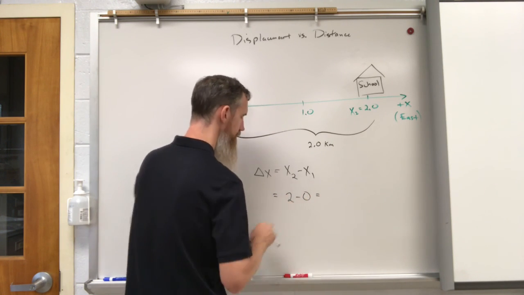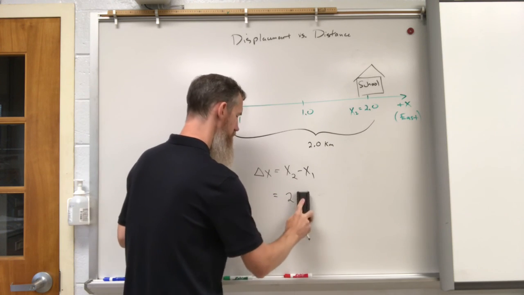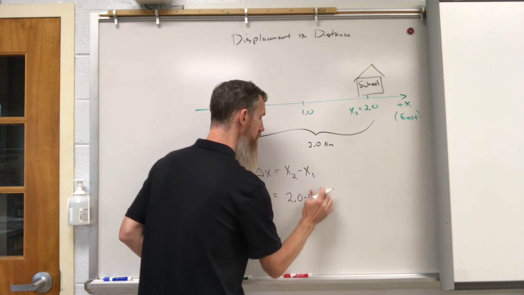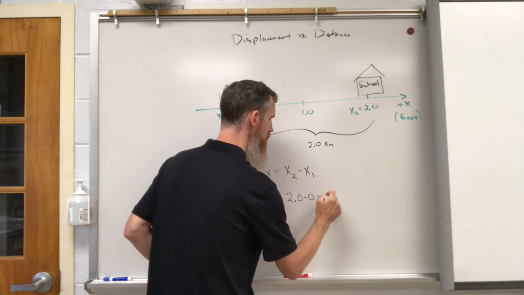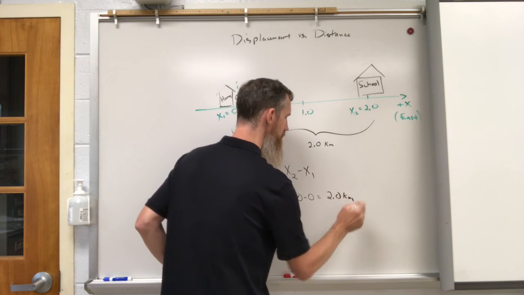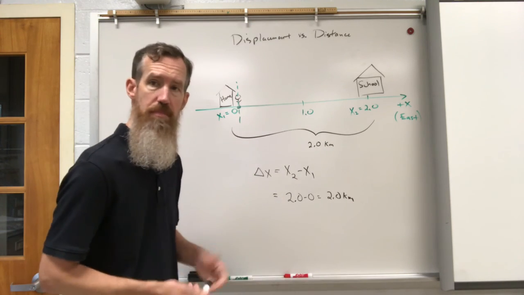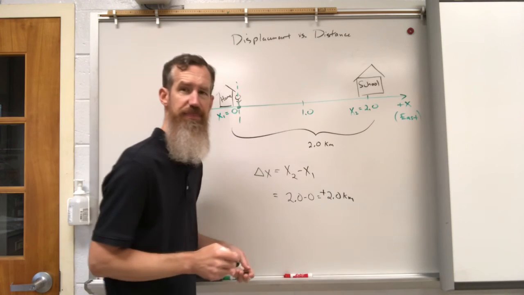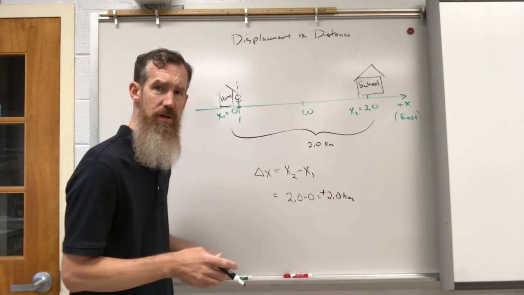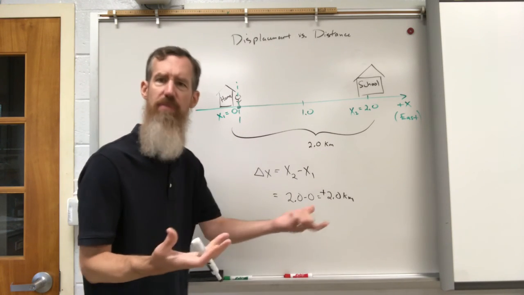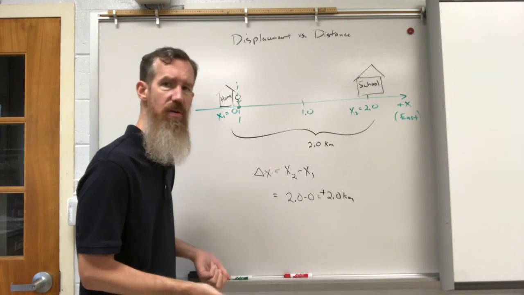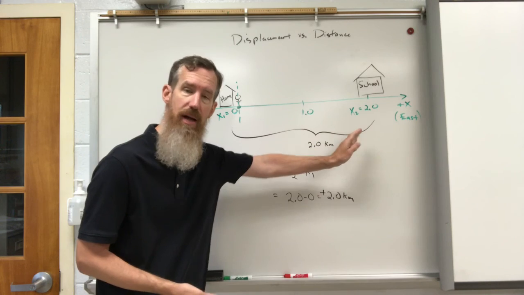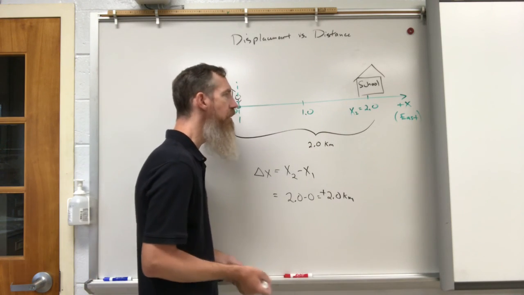Well, if I'm really diligent about this, 2.0 minus 0 equals 2.0 kilometers. Now, that's technically positive. So that direction of motion is important with displacement. I moved in the positive direction. I moved along the positive number line.